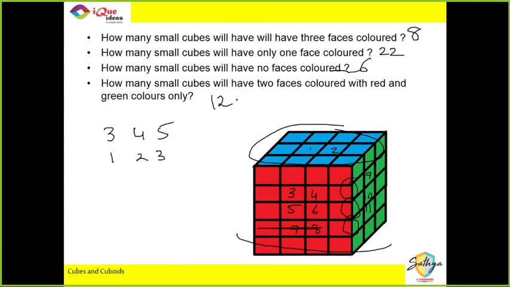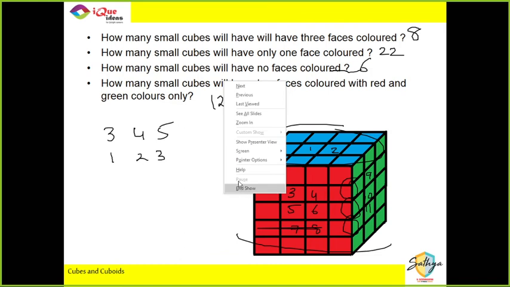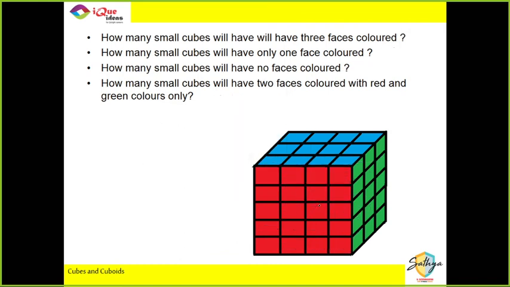Did you understand the last one in particular? Amanbir, look at the last question carefully. It asks you to identify how many small cubes will have red and green only. So all the top and all the bottom are eliminated because they also contain blue on them. So entire top and bottom layer is gone. I don't have to consider them because they also contain blue.